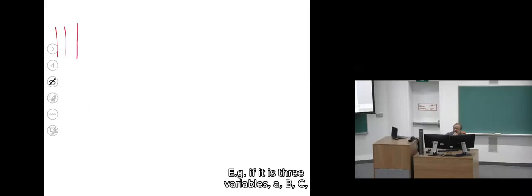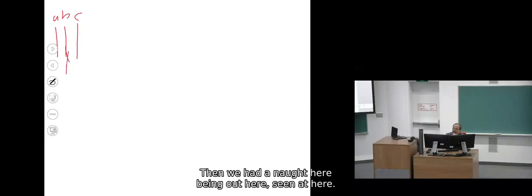When we used sum of products, at the final stage we had something like that. For example, if it is three variables A, B, C, then we had A naught here, B naught here, C naught here. So based on our final expression, we had some product terms. The product terms, for example, are like that.